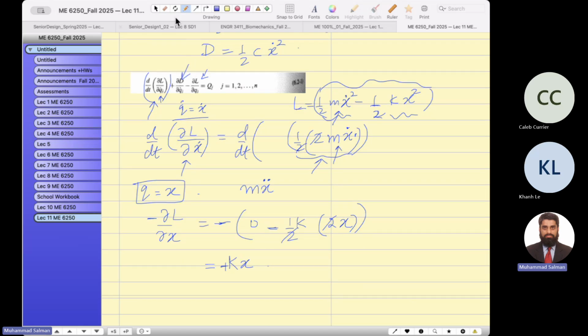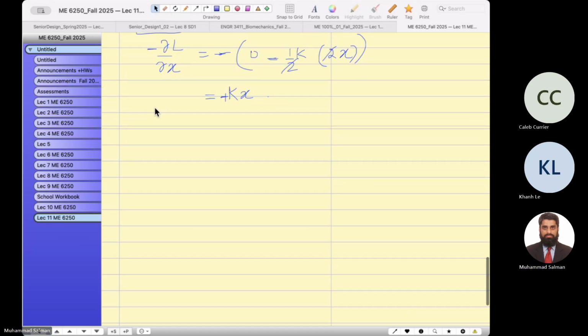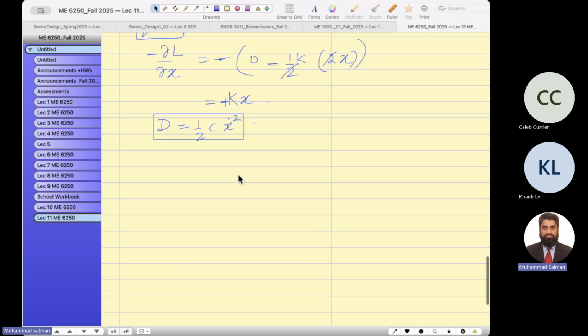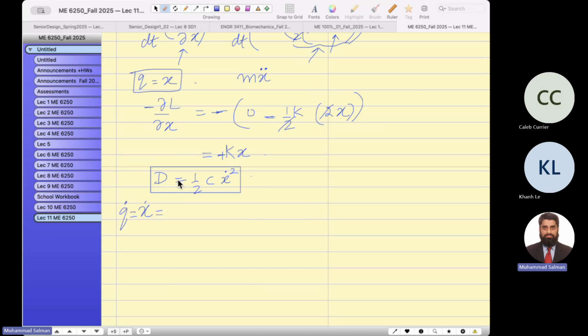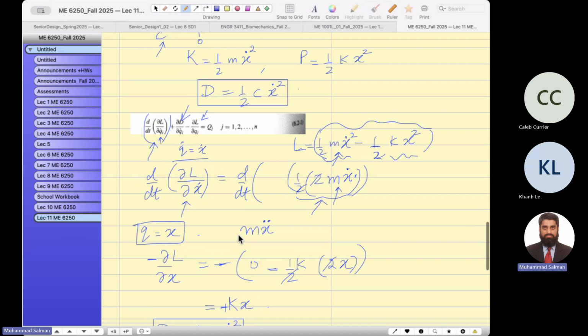So what is this term? I'm going to take the differential with respect to velocity. Can you help your professor over here, is it a positive sign? So let's do this partial with respect to velocity. So our q dot equals x dot. Now let's do the partial derivative of the dissipation function, which is the energy of the damper. So partial with respect to velocity.